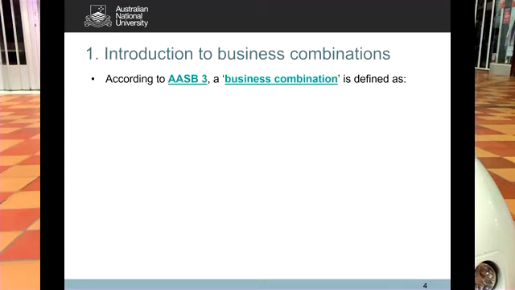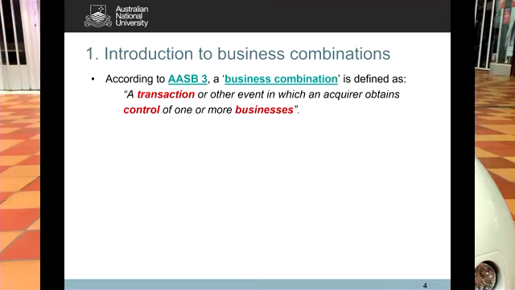The business combination. What is a business combination? This standard, number 3, is really about business combination. A business combination is defined as a transaction or other event in which an acquirer obtains control of one or more businesses. So here there are a couple of keywords.